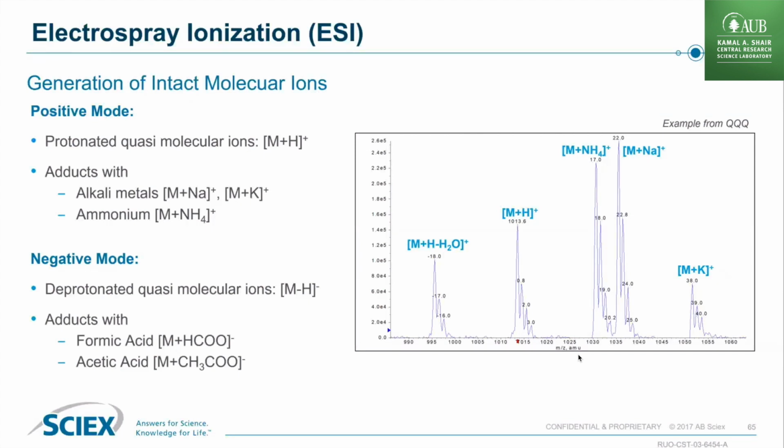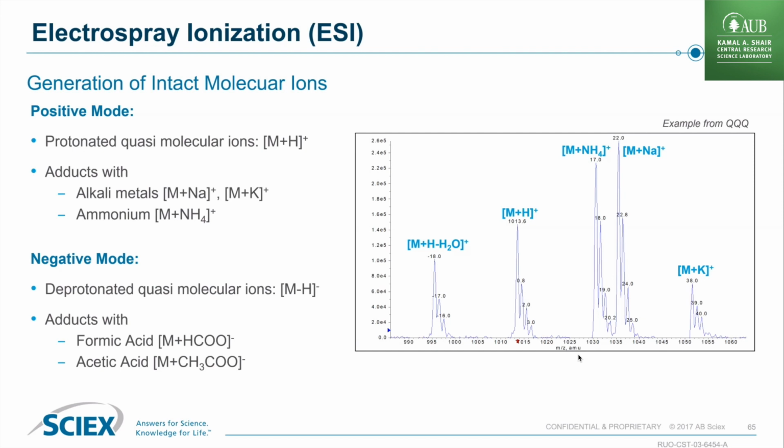Keep in mind that drastically changes the mass. Okay? And then you have also the possibility of an ammonium adduct. From the previous slide, you saw it said ethers and esters. If you have an ether or an ester, that's a prime candidate to form an ammonium ion, M plus NH4 plus. Negative mode is the same thing.